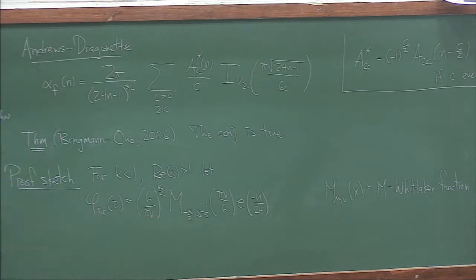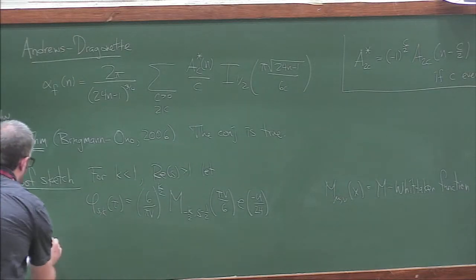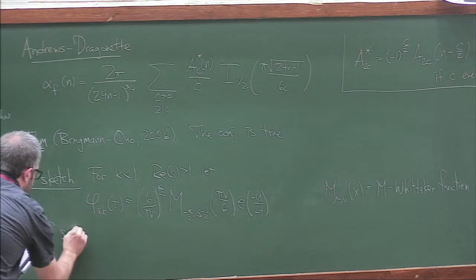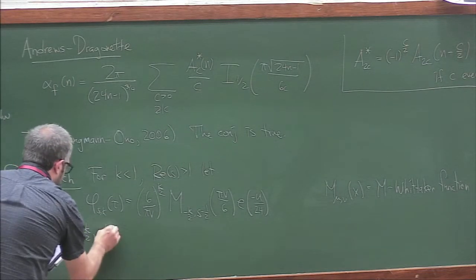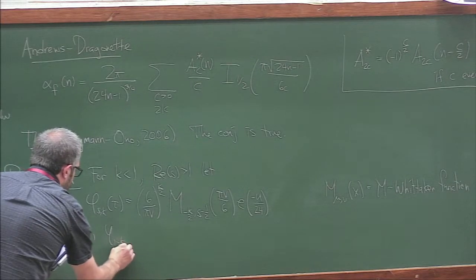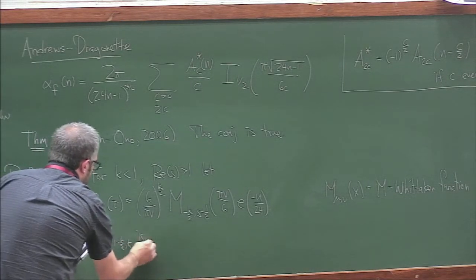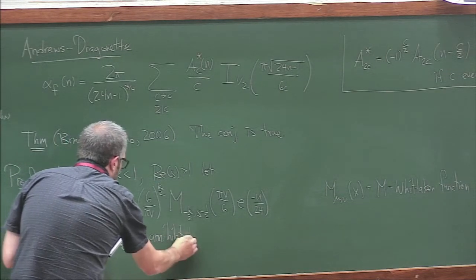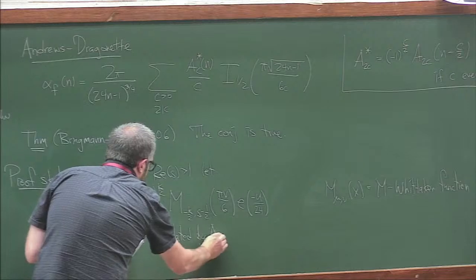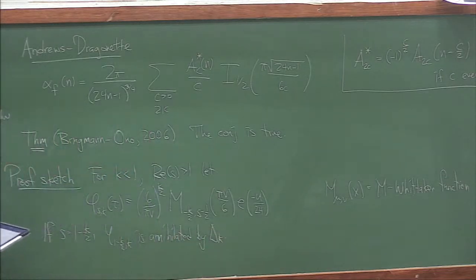So if we specialize it, if s equals 1 minus k over 2, then phi_{1 minus k over 2, k} is annihilated by delta_k. And so maybe this is a hint that there's something good here to look at.